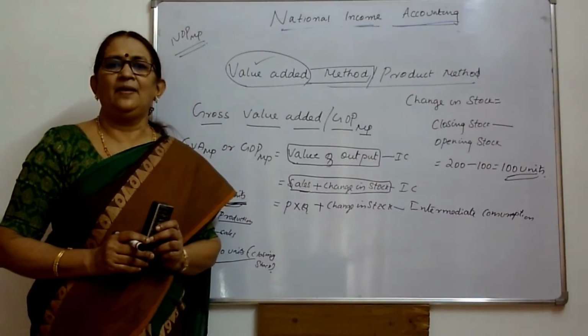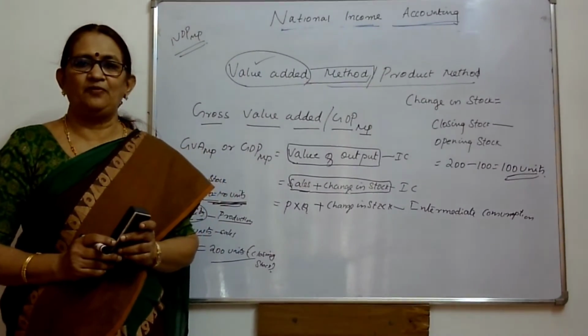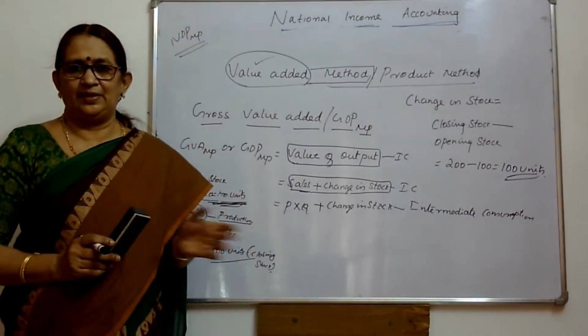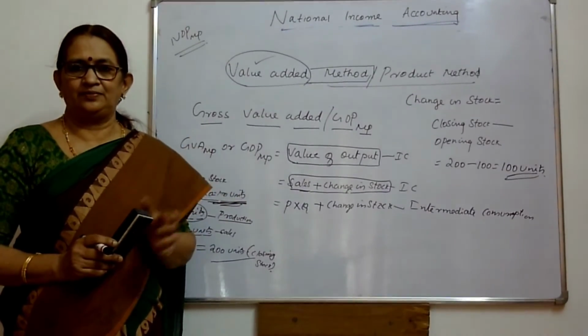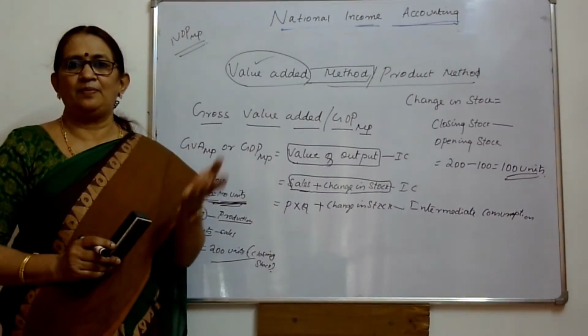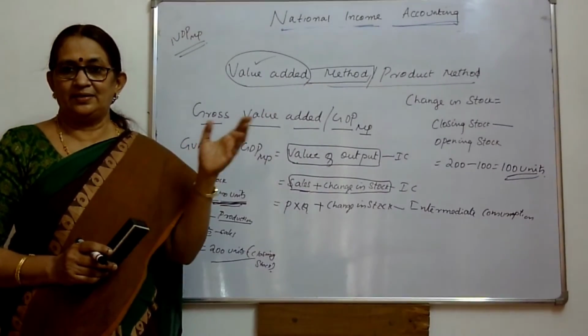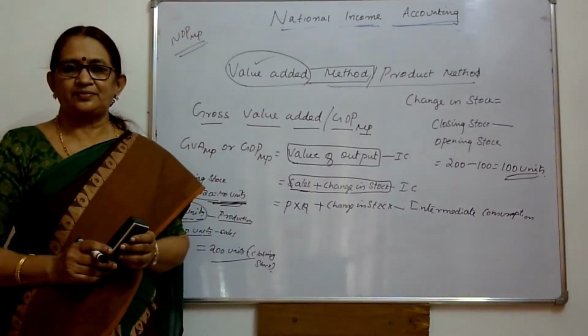For example, a firm purchases raw materials from the firms within the country. That is a domestic purchase. Sometimes the firm purchases from abroad. That is imports.